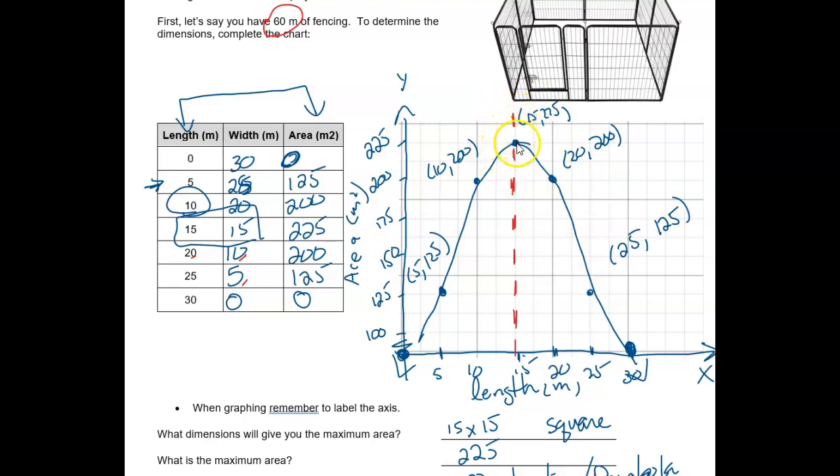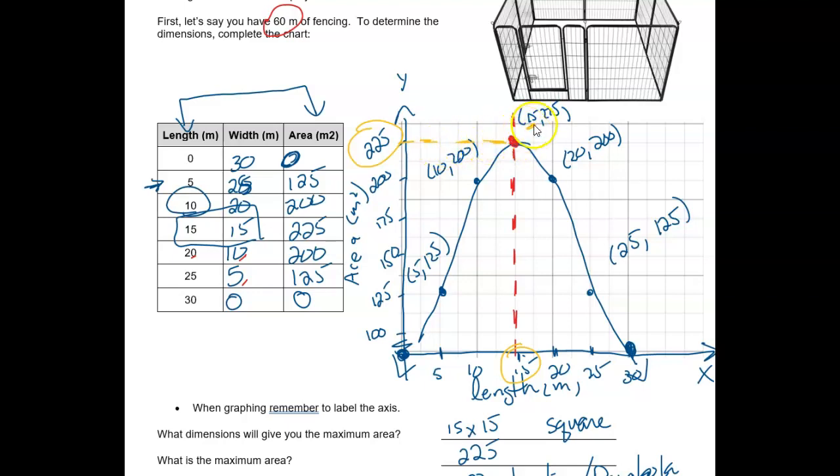All right, your axis of symmetry now, when we look down through here, and your maximum area is here at the top. So if we just look across from there, we get our maximum area. So your axis of symmetry, when it cuts down through, is telling you the length that gives you the maximum area, and your vertex ties it all together.